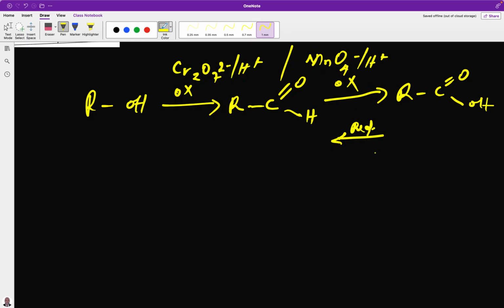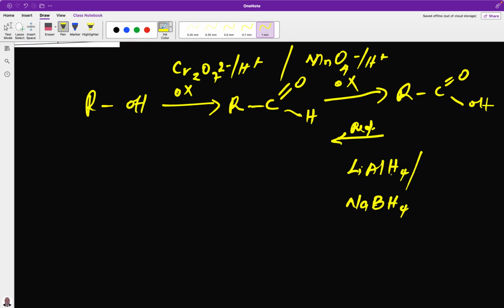For reduction, we will use either lithium tetrahydroaluminate in dry ether, or sodium tetrahydroborate in aqueous alcoholic solution.